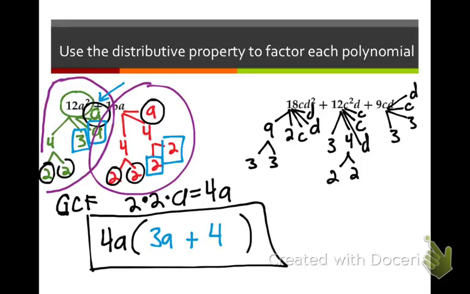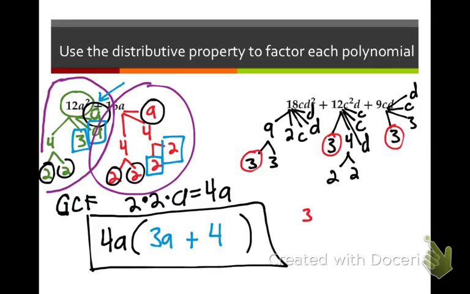Okay. Alright. So now that I have my factoring tree, now I'm going to look for the common factors that are in all three trees. Alright? The common factors that are in all three trees. So I have a 3. It has to be on all three trees. So I'm going to put the 3 right there.